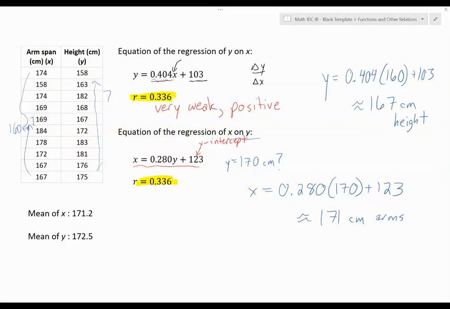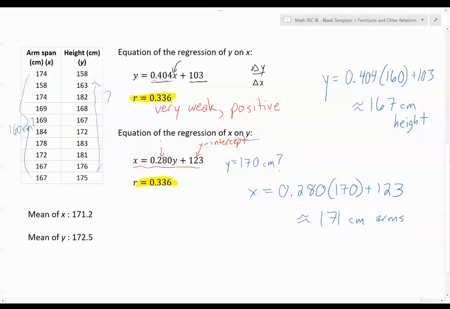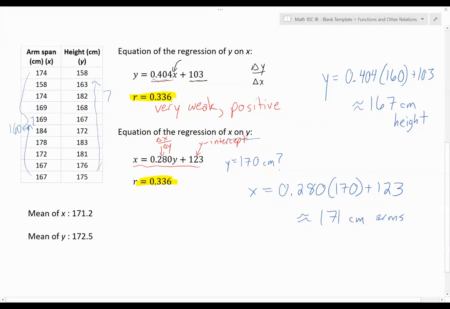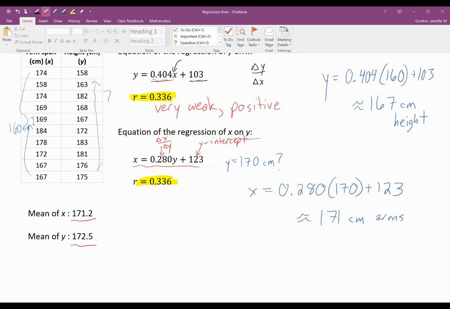Again, obviously nonsensical in this concept, so we have to be really careful when we take our predictions out to the edges. And this slope right here would actually be measuring delta x over delta y. So that would be saying for every centimeter change in height, I would expect to see a 0.280 centimeter change in arm span.